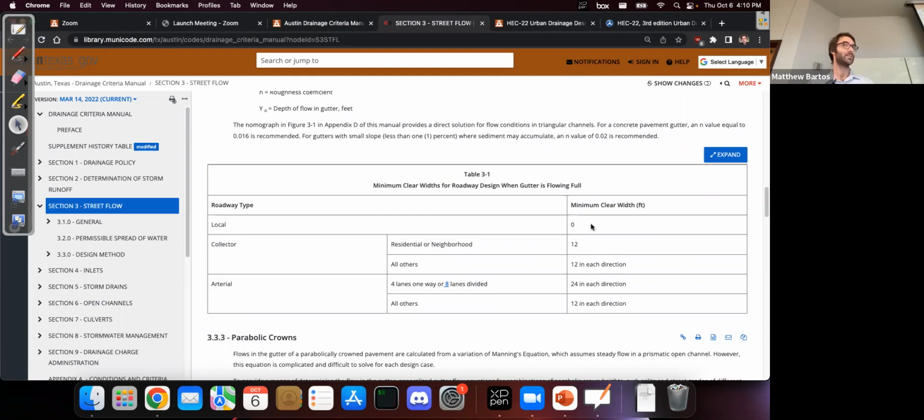For a local road, there is no minimum clear width, so potentially the entire road could be inundated. And for larger roads, you'll have generally more restrictive criteria. So you'll need to have 24 feet in each direction for an arterial 4-lane road. I will be coming back to this table a little later on when we do an example, but you can always find the design specifications for different roads by looking in your local drainage criteria manual.